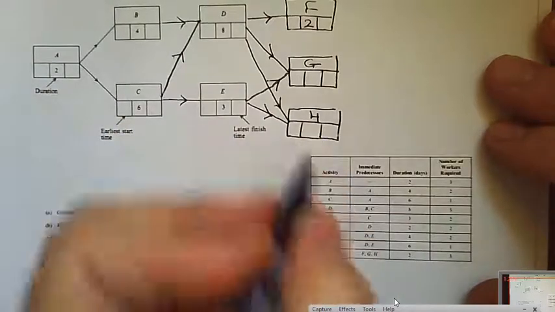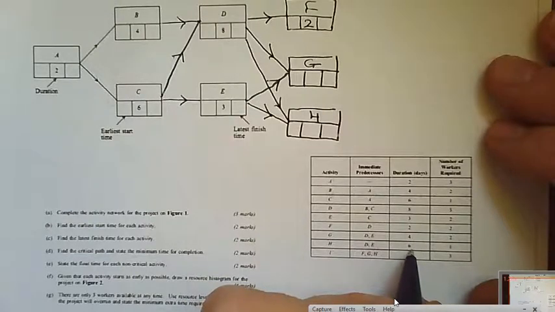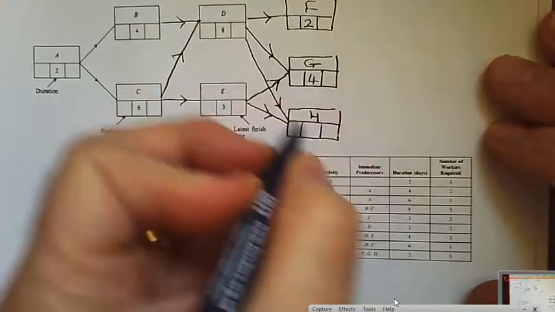We would normally try and avoid that if possible. G takes 4 days, H takes 6 days.